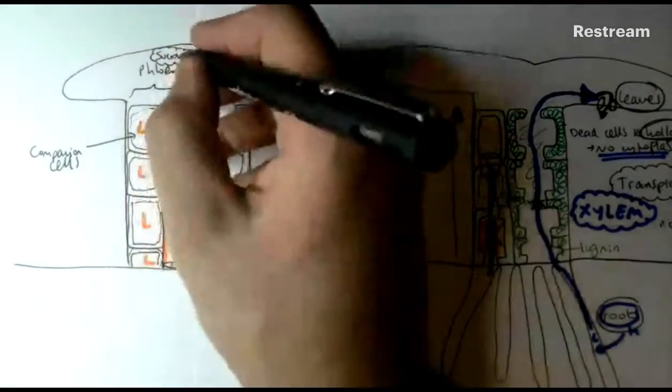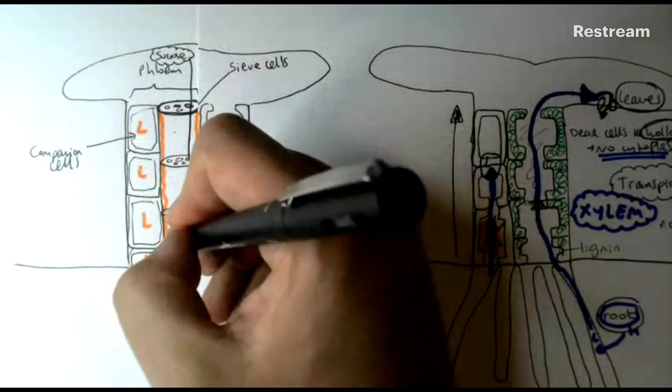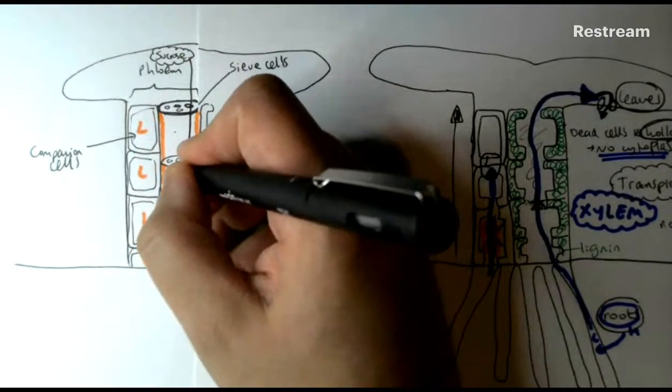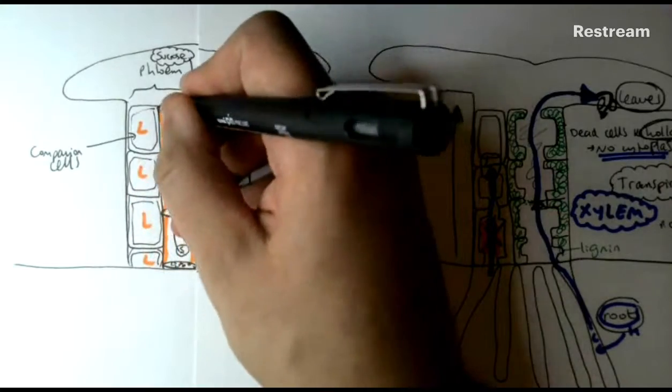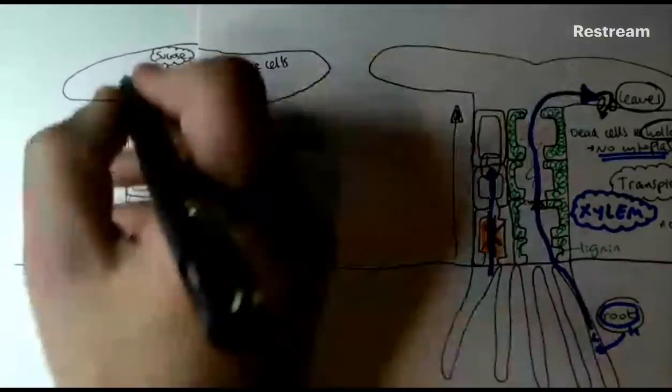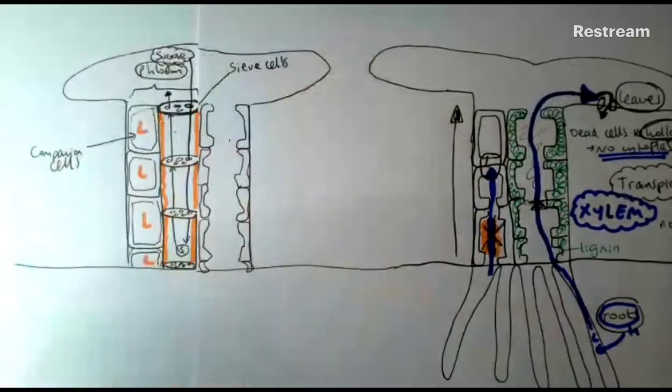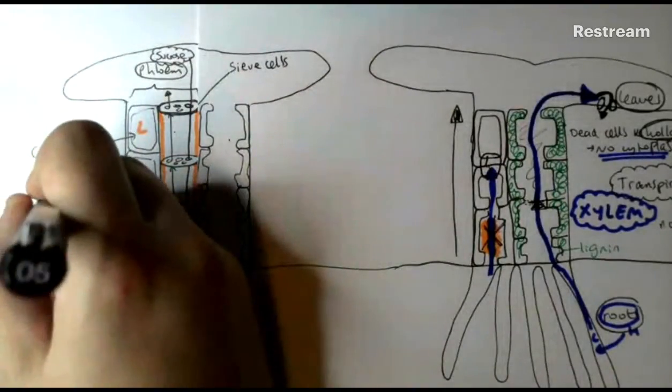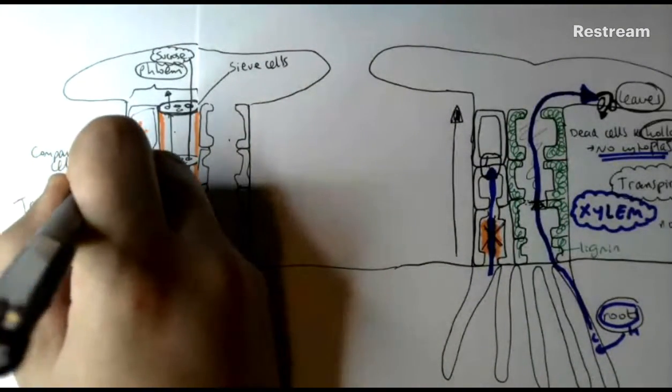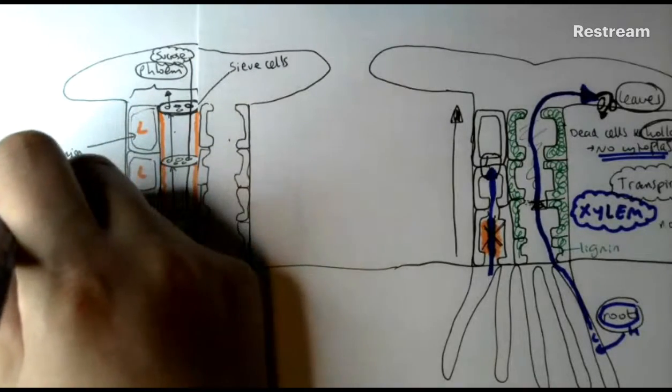So the sucrose can be transported in two directions through the phloem. And this process is called translocation.